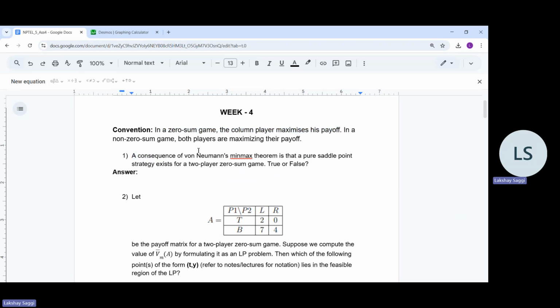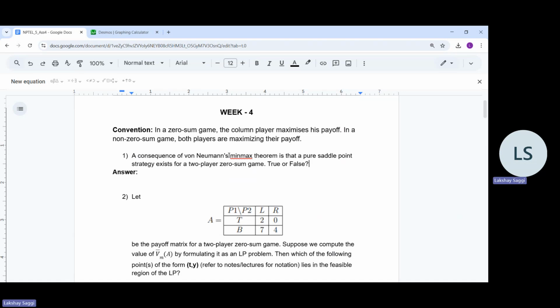The first problem is somewhat easier, and it's based directly on the lectures. The problem states that a consequence of von Neumann's min-max theorem is that a pure saddle point strategy exists for a two-player zero-sum game. Is this true or false?